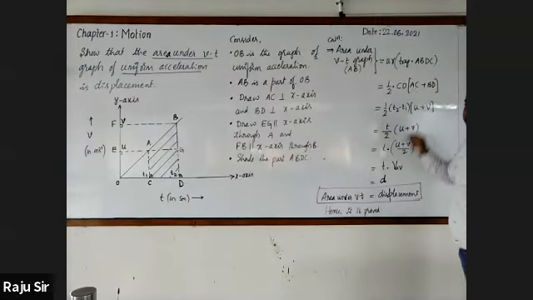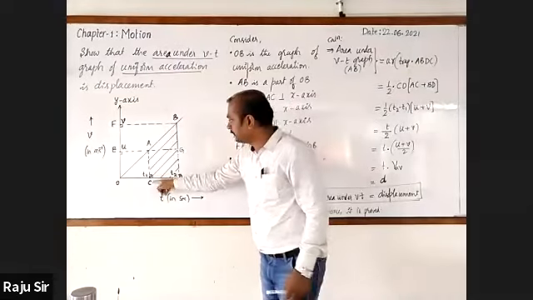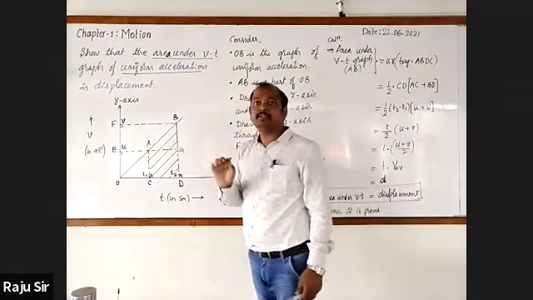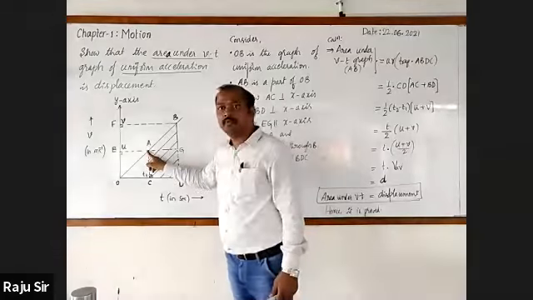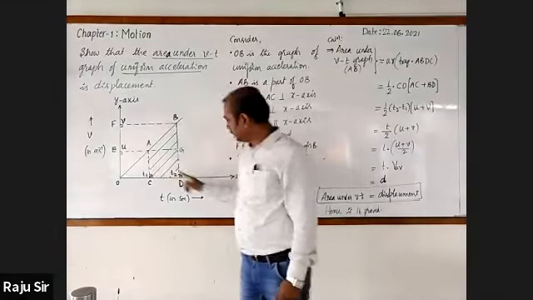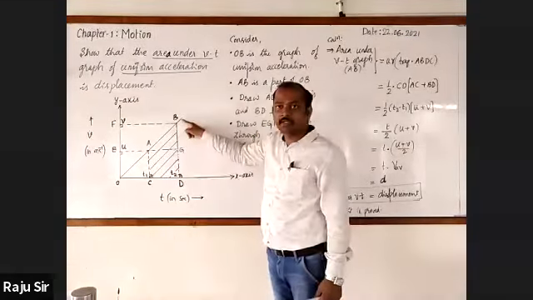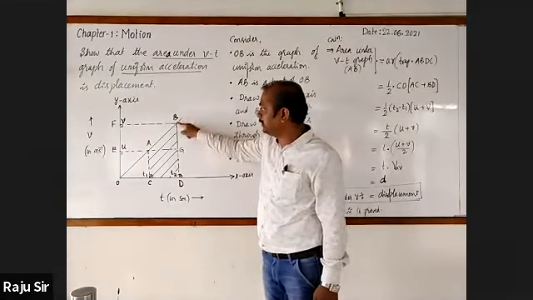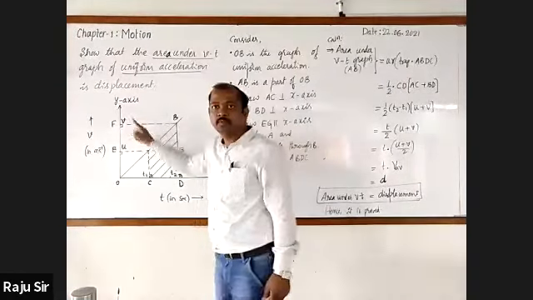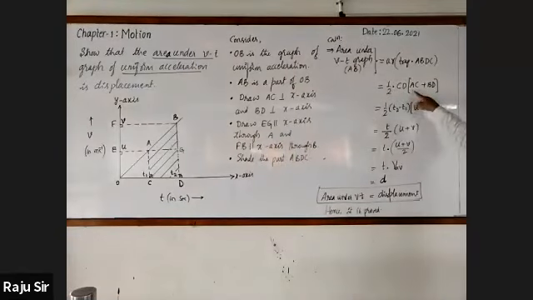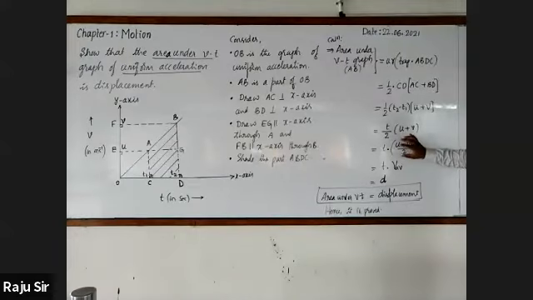Then AC plus BD. AC represents the velocity of the body at A, which is U. DB is the velocity of the body at B, represented as V. So we have written U plus V, with T2 minus T1 as time. Next, U plus V by 2 is the average velocity.